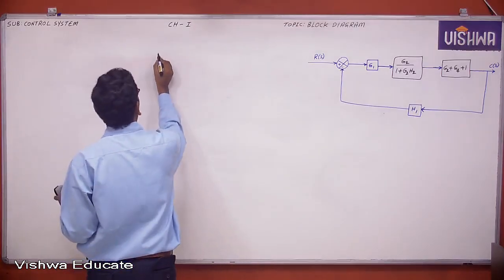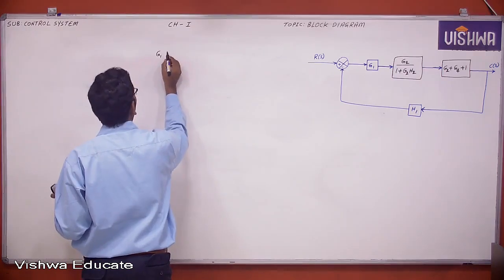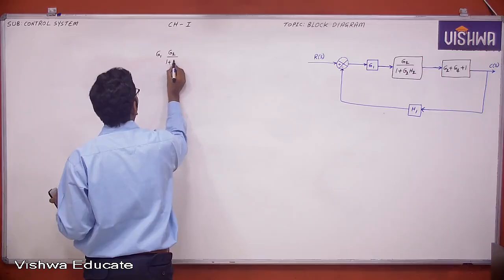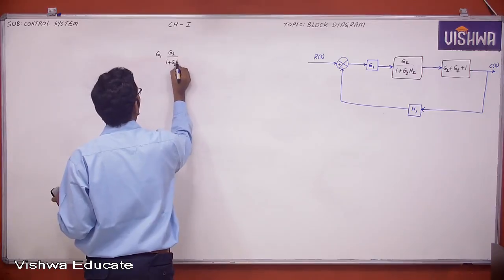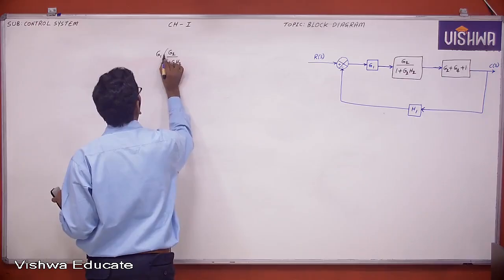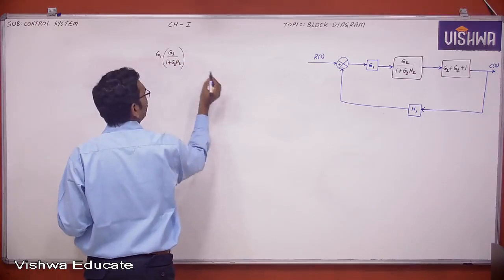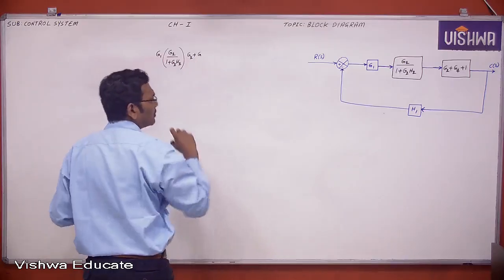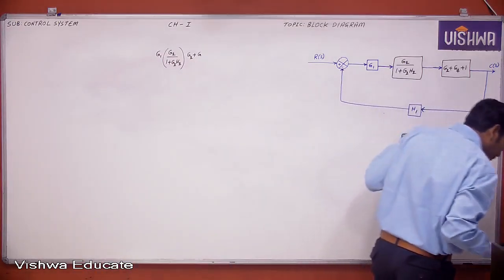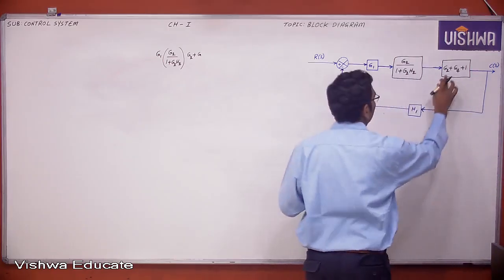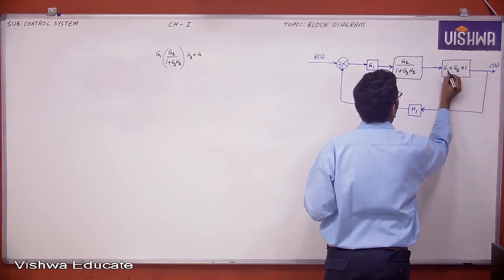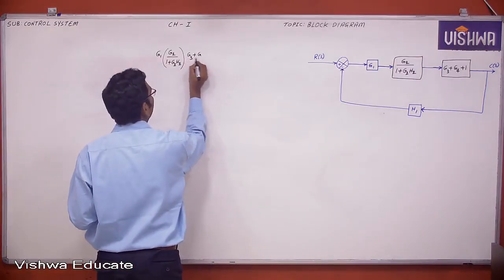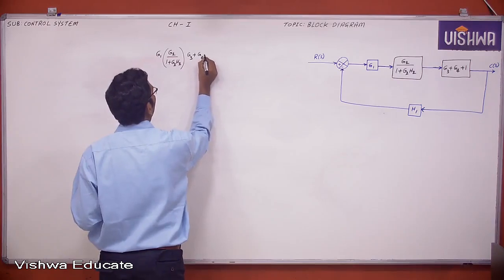So can I write it like this? G1 into G2 by 1 plus G2 H2, into G3 plus G4 plus 1.